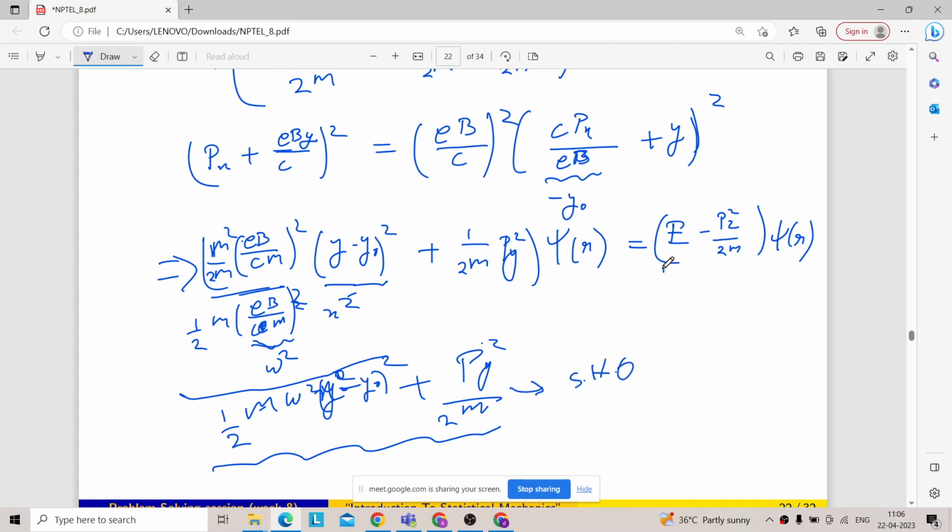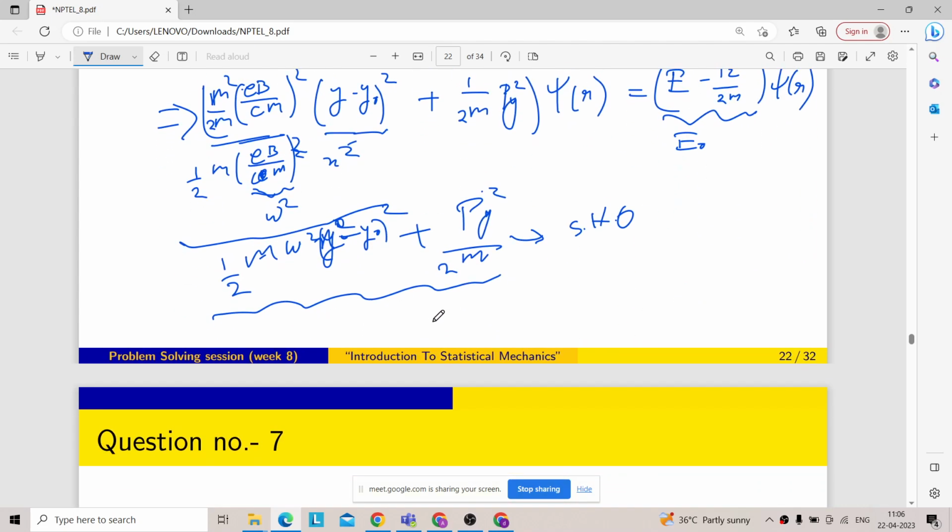So if I assume this energy to be E0, then I know the solution. E0 is nothing but (n plus half) h cross omega. My omega square was eB by cm, so my omega will be eB over cm, right.